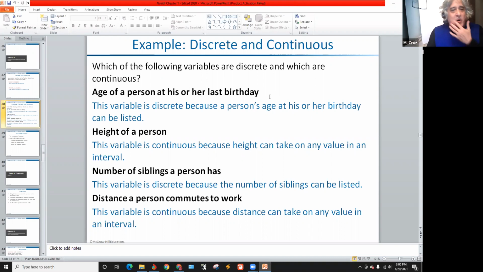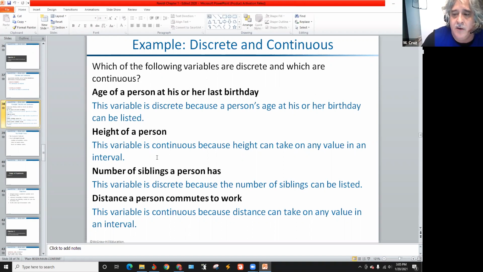Now, the height of a person: if you've ever seen a ruler or a tape measure, there's a bunch of little values, and I think there's usually 32 of them in between each one of the discrete whole number values. So if you're measuring height, a person's not going to go to just a particular inch marking. They're going to go at some point in between, and it's going to be a fractional amount.